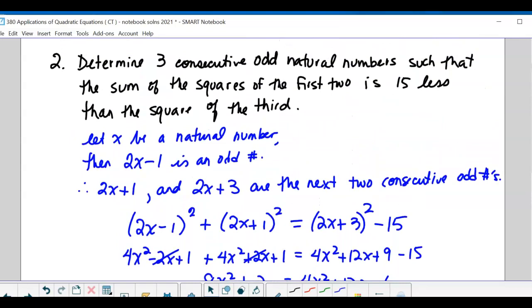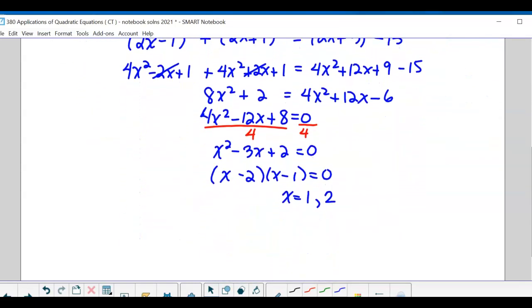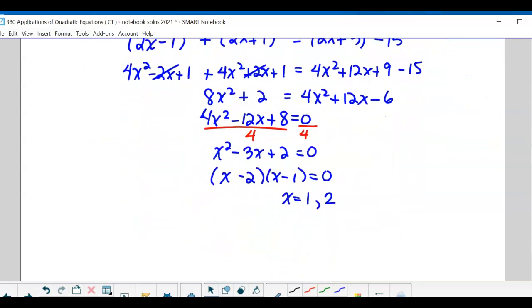No, the sum of the squares of the first two equals 15 less than the square of the third. The sum of the squares is equal to 15 less than this. You can add 15 over here if you want. But this is going to be a bigger number. So "is" always means equals. So 15 less than the bigger square.